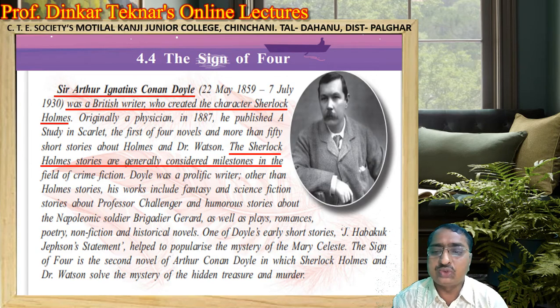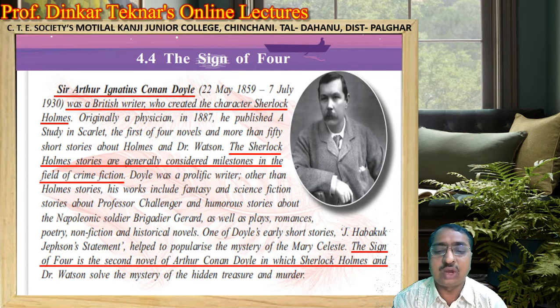The Sherlock Holmes stories are generally considered milestones in the field of crime fiction. The Sign of 4 is the second novel of Arthur Conan Doyle, in which Sherlock Holmes and Dr. Watson solve the mystery of hidden treasure and murder.